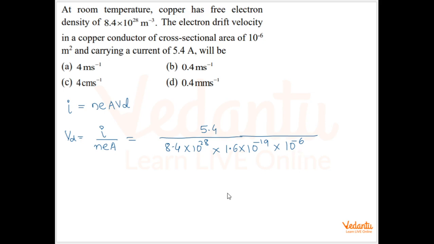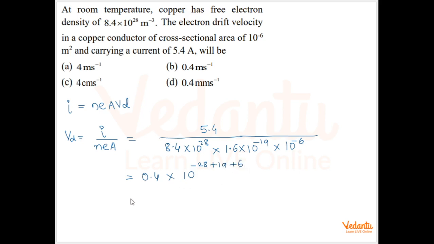If you do the calculation, my dear bachcha log, please don't make me do the calculation, but if you do the calculation, it will become 0.4 into 10 raised to the power minus 28 plus 19 plus 6.